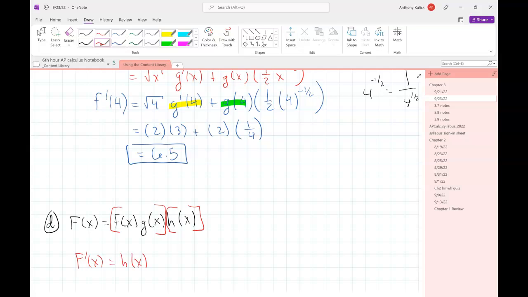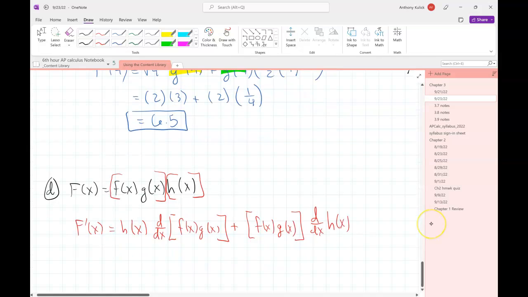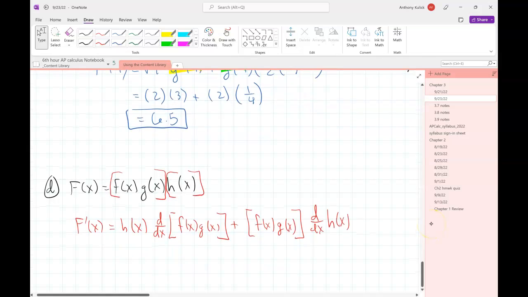So the second function times the derivative of the first function plus the first function times the derivative of the second function. Everybody's cool there? Notice here, that's another product rule.